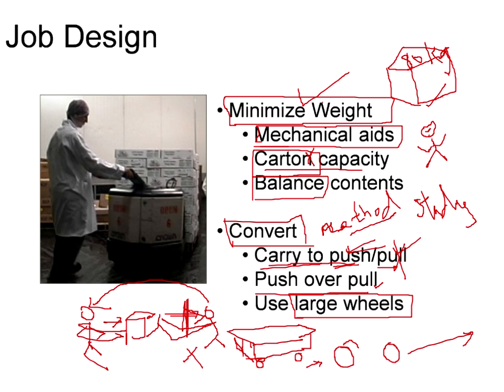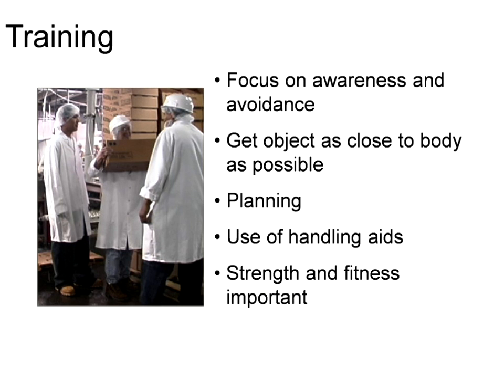Then push over pull. Yeah, of course, these 2 points are similar. And next is use large wheels. Use large wheels, because when you have a small container with a small wheel, it takes more revolutions in one time, meaning the wheel will rotate more times.